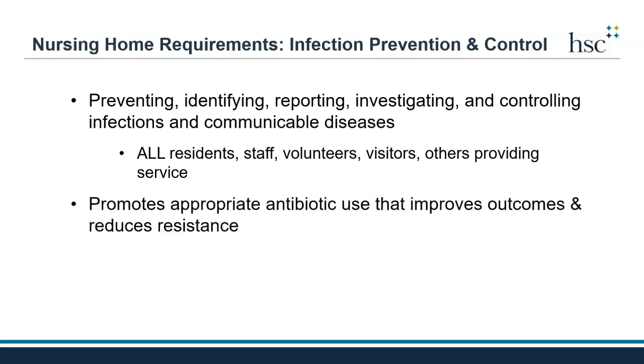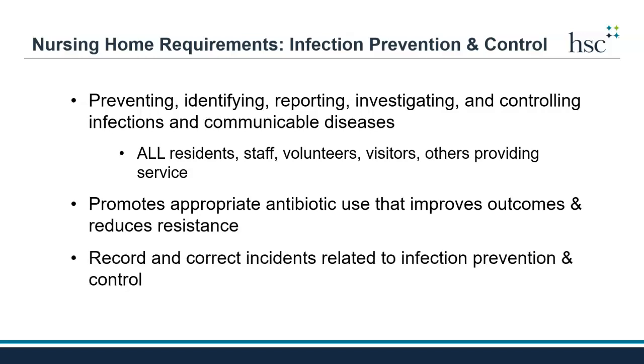It promotes appropriate antibiotic use that improves resident outcomes and reduces resistance to antibiotics by germs, and includes a process to record and correct any incidents related to infection prevention and control.